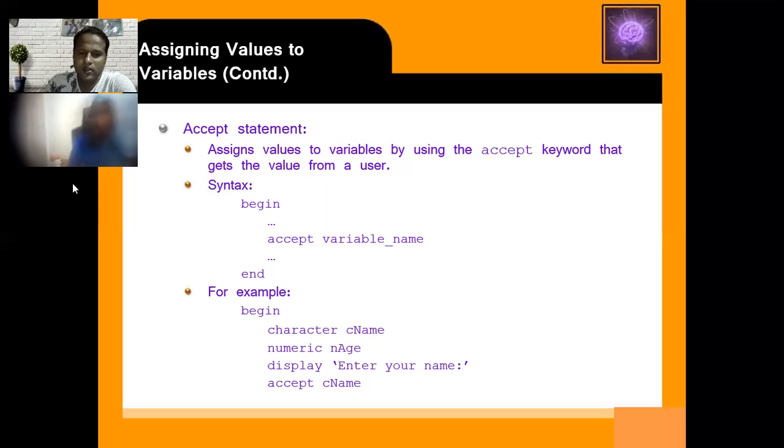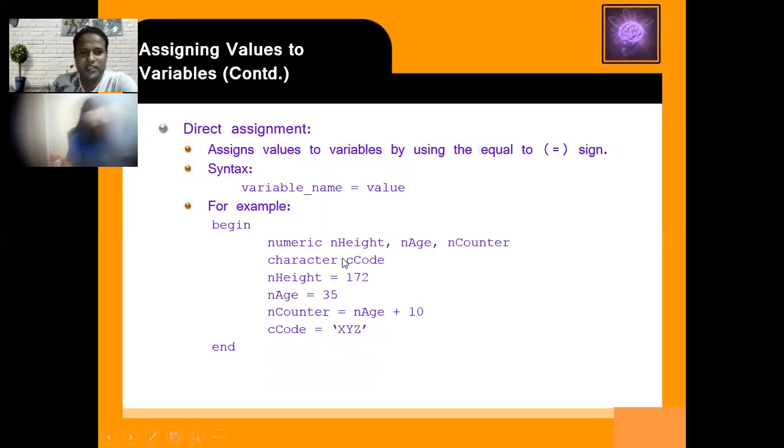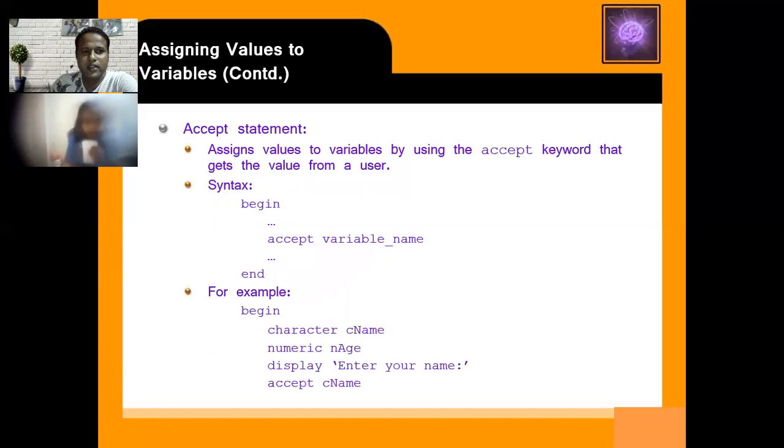So the accept statement is used for accepting the input from the user. There are two ways to store the value. One is direct assignment, where you directly store the value, like height equals 172, age equals 35, initializing the value at the time of declaring the variable. The next is accepting input from the user.